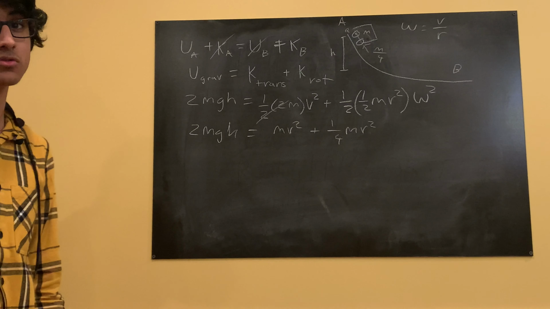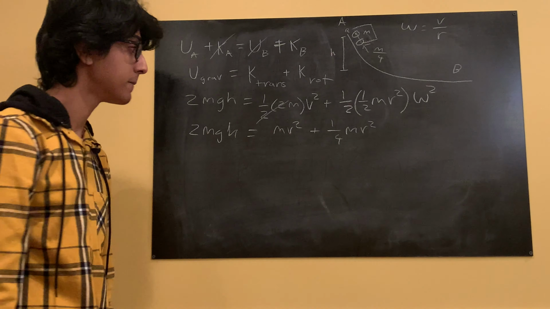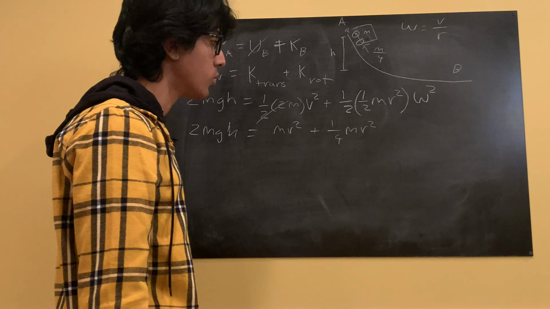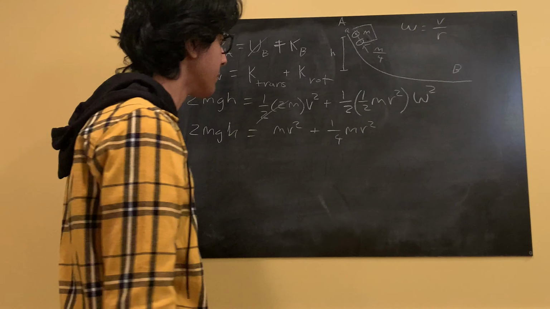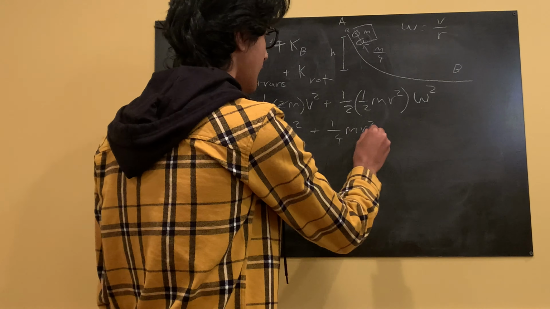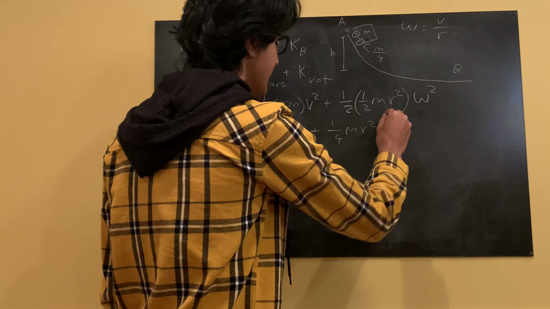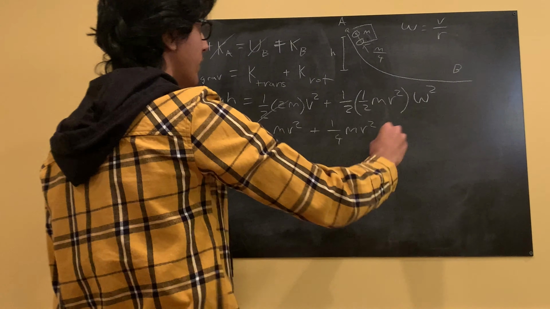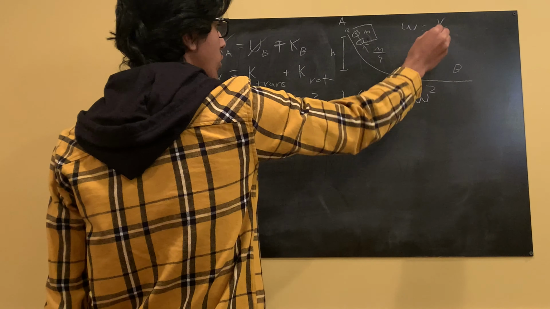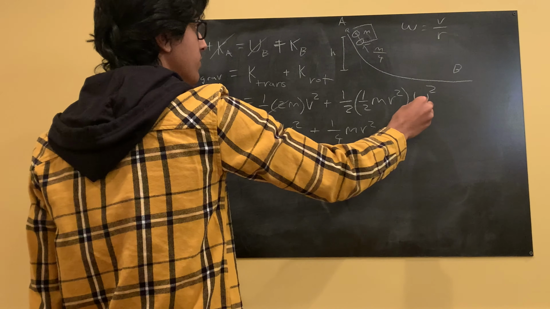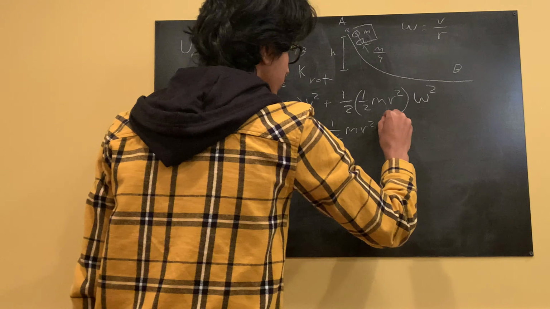That's only if there's rolling but without slipping. So there's only static friction at play. So mr squared, and we can immediately just distribute this squared. If I plug in v over r into omega, we get v squared over r squared.